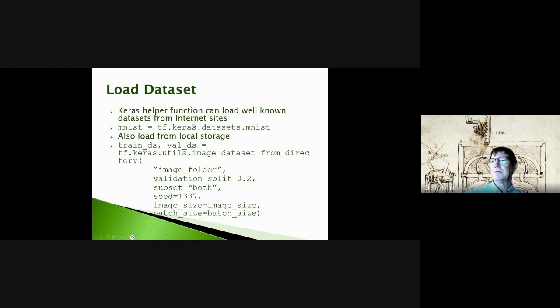Since it's so popular and well known and used in research a lot, it's kind of a baseline comparison. This is just available out there, and so we can say TensorFlow.Keras.datasets.MNIST.